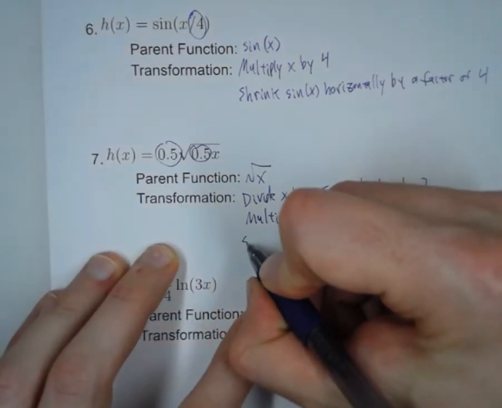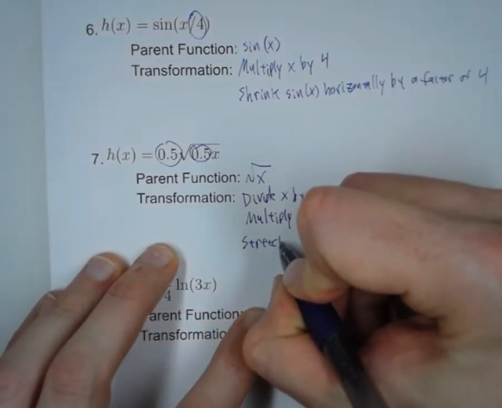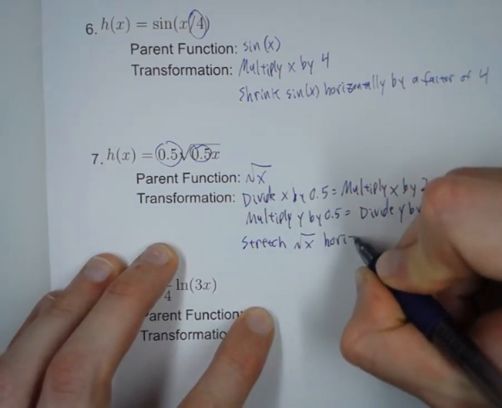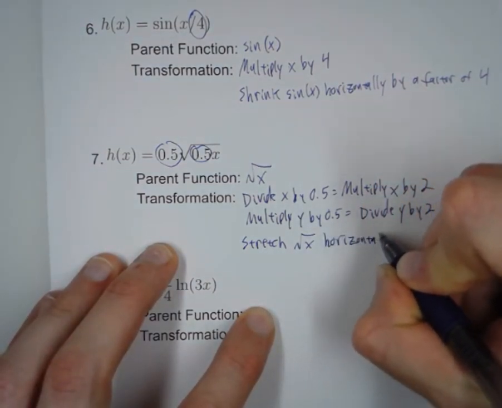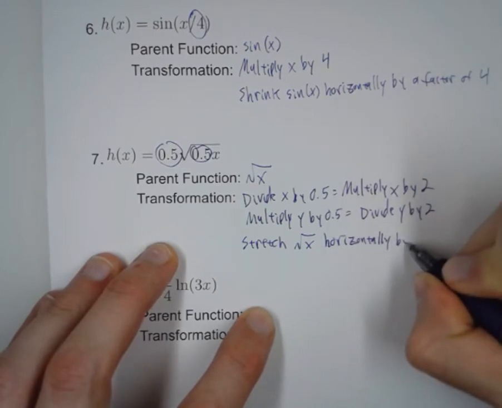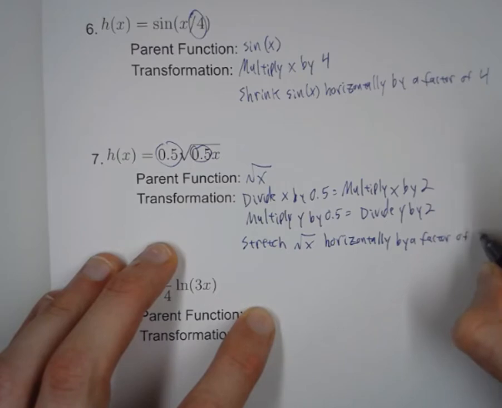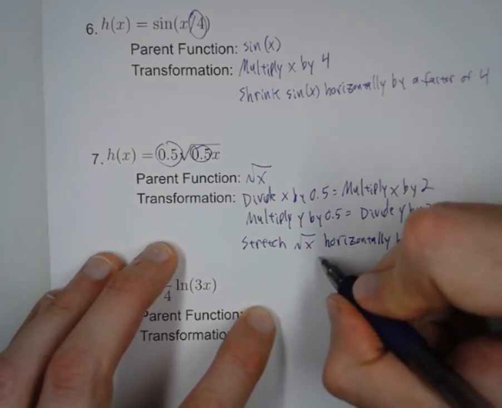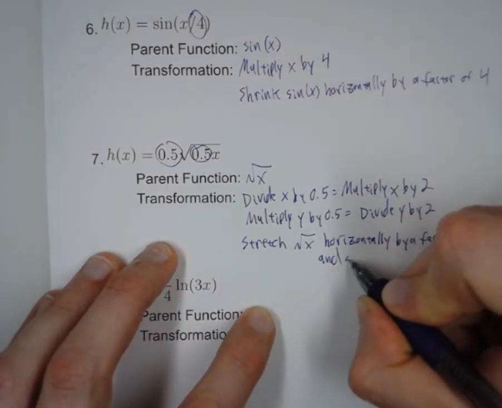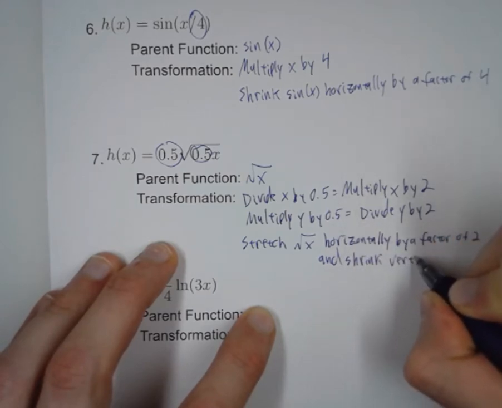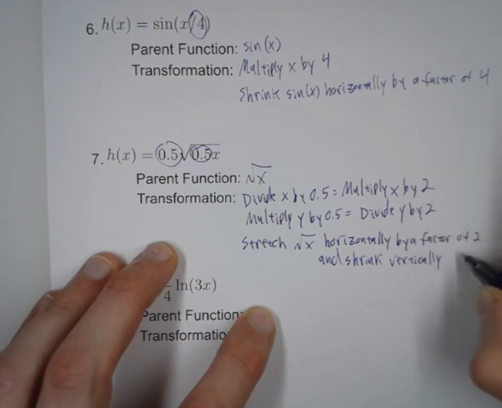We're going to stretch the square root of x horizontally by a factor of 2. And we're going to shrink vertically by a factor of 2.